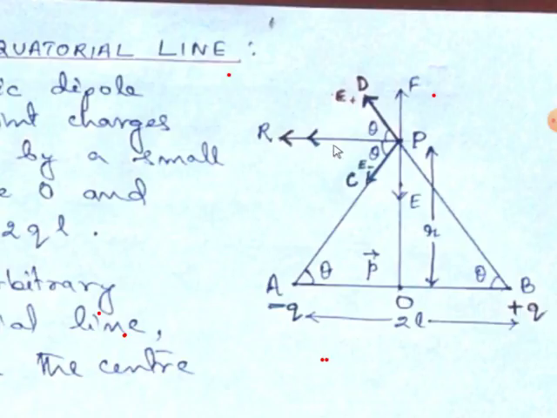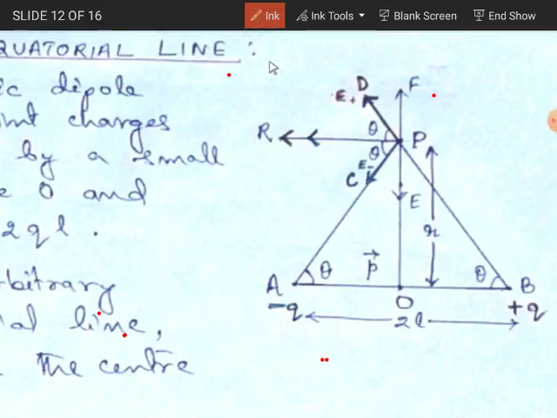So what happened? For E plus, this component will be E cosine of theta. Got it? For this E minus, again it will be a similar E cosine of theta.